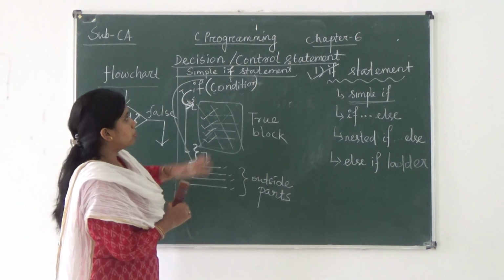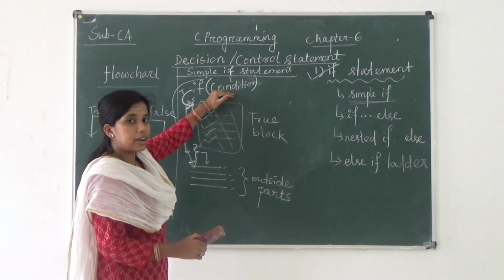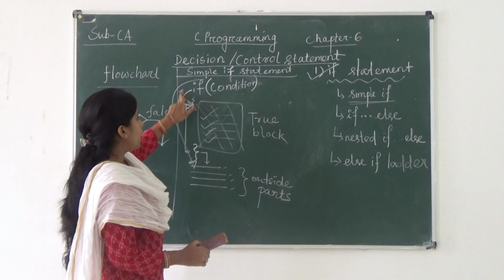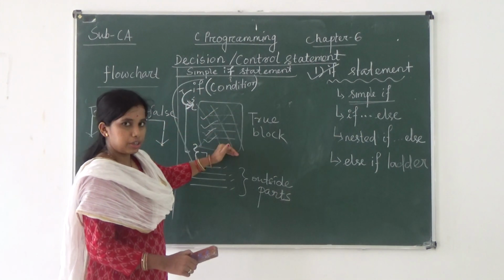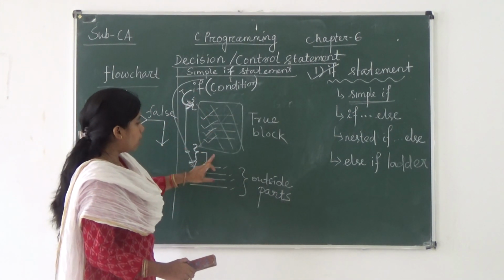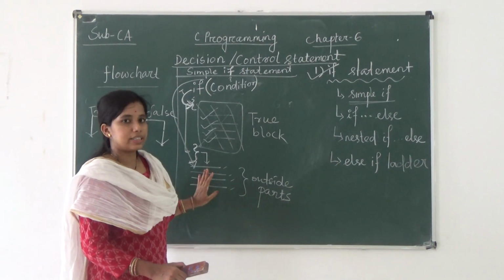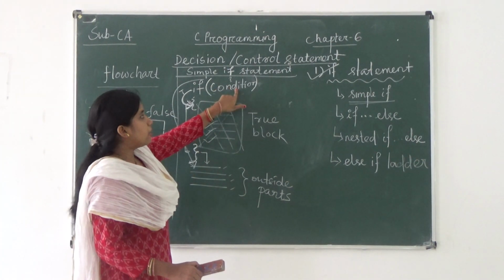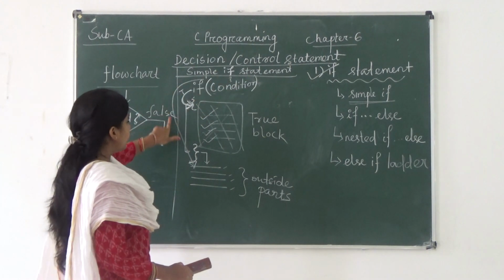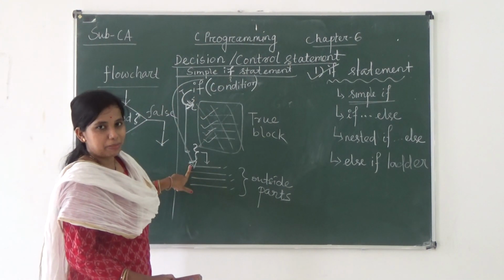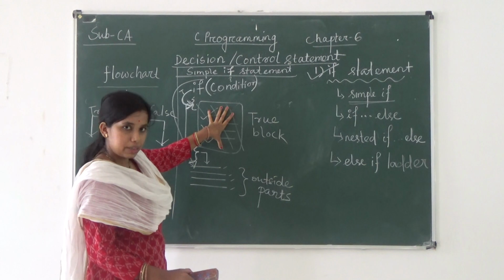So just our revision: test the condition. If it is true, enter into the true block, execute, come out, and execute whatever outside statements are written. If the condition is false, directly come to the outside part, and the true block will be skipped.